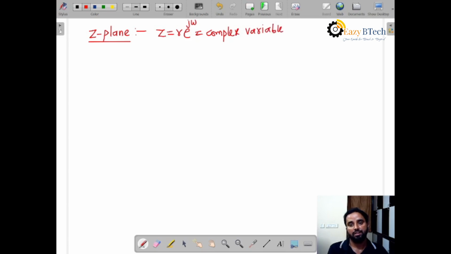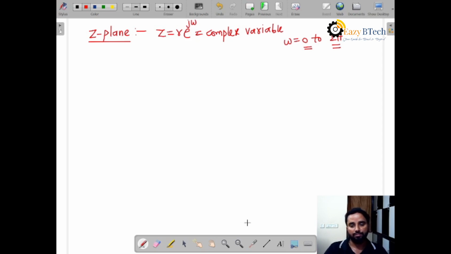Here omega is the phase. It can be changed from 0 to 2 pi. The phase of Z can be changed from 0 to 2 pi radians. First I will draw a Z plane, then we go for changing omega from 0 to 2 pi.